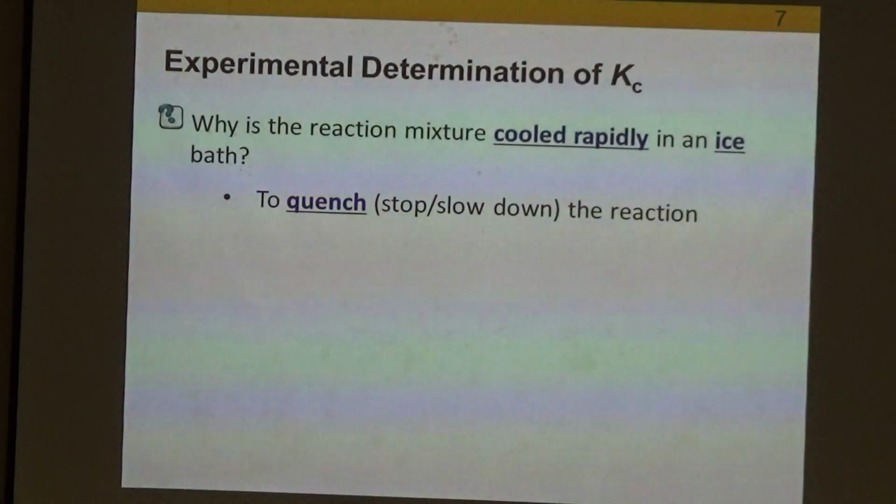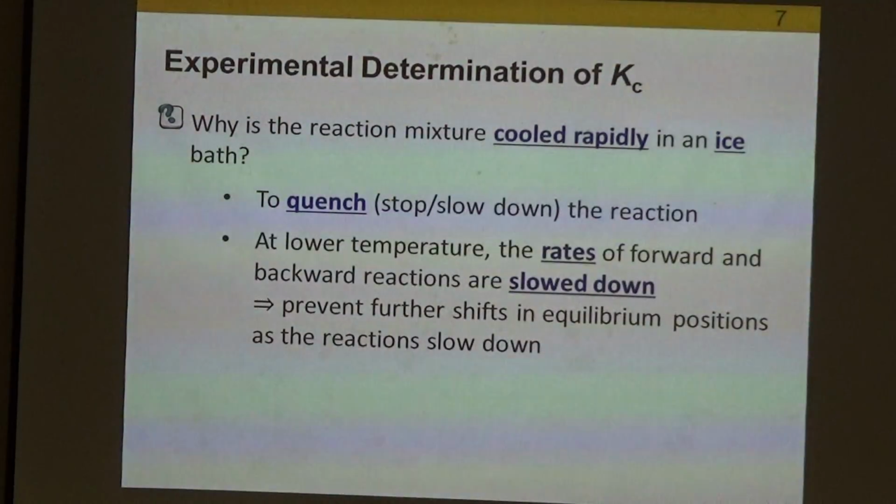Basically, whenever you want things to stop, or you don't want things to happen, you want to slow down the reaction. So you lower the temperature. At that lower temperature, the rates of the forward and the backward reactions are slowed down.